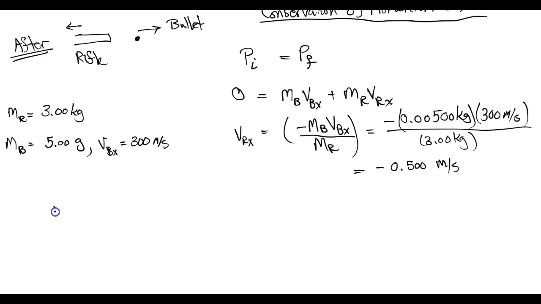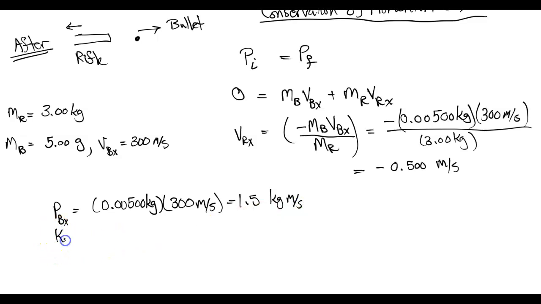And now we can say that the momentum of the bullet in the x direction is going to equal the mass of the bullet times the velocity of the bullet, which gives us 1.5 kilogram meters per second.